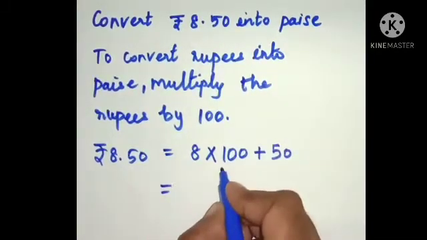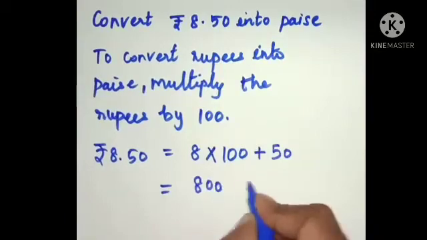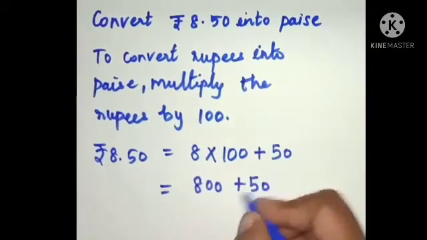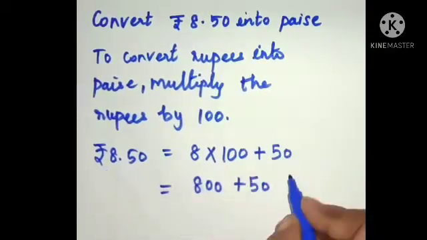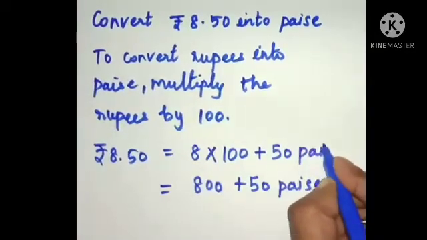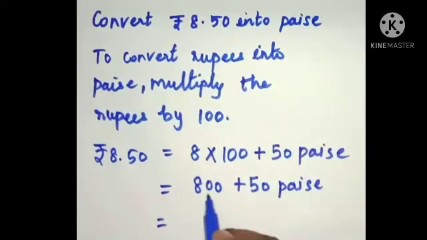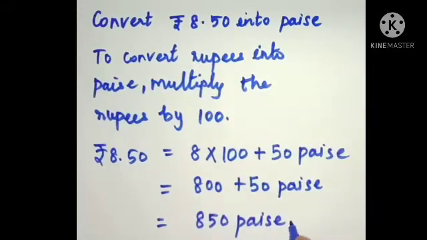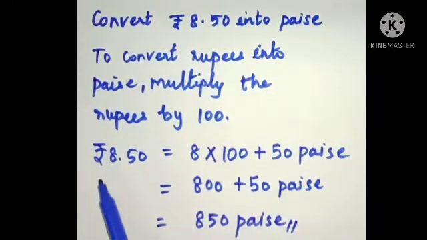Now 8 into 100 is 800 plus 50. Now rupees is converted into pies. Therefore 800 plus 50 is 850 pies.